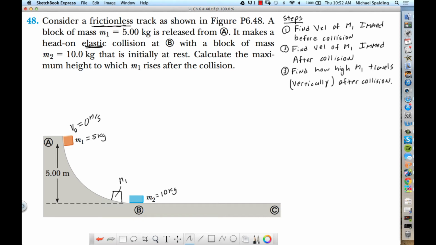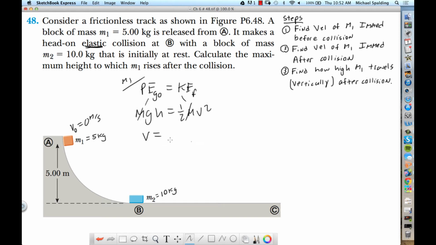There's no friction on the track, so therefore we know that potential of gravity initial is going to equal kinetic final for M1. We're applying this to M1. All right, so potential of gravity, mgh. Kinetic energy is 1/2 mv squared.